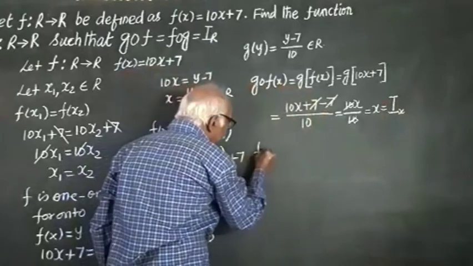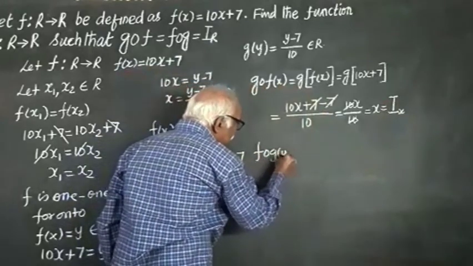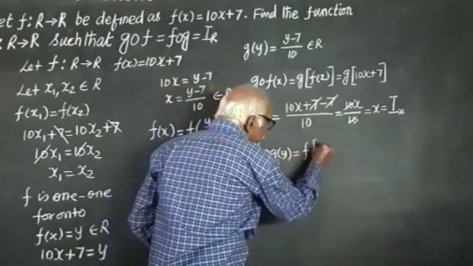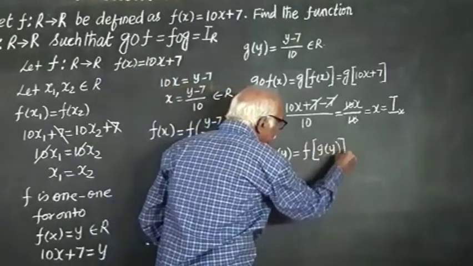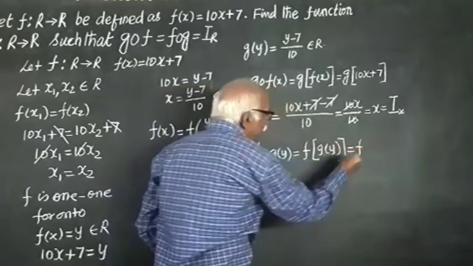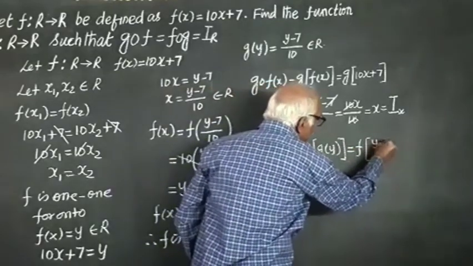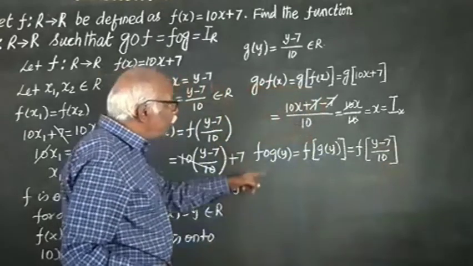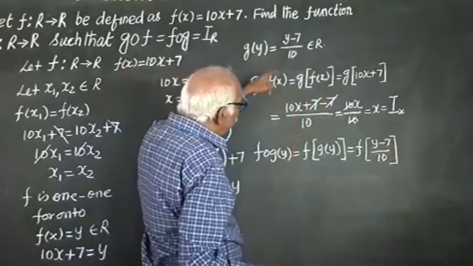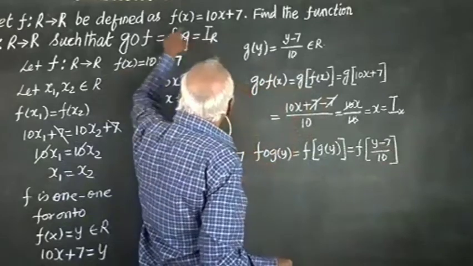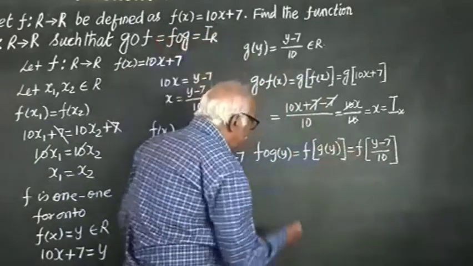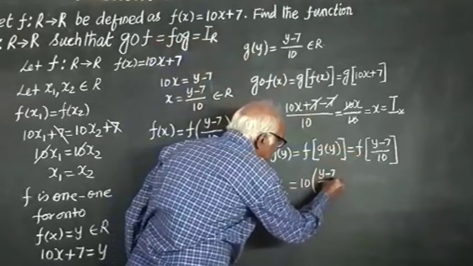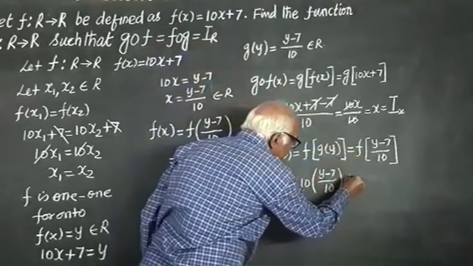Let's find f∘g. (f∘g)(y) = f(g(y)) = f((y - 7)/10). Wherever you have x, replace (y - 7)/10. So 10 into (y - 7)/10, plus 7.